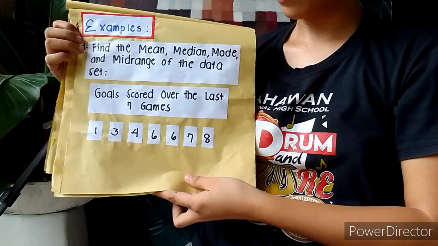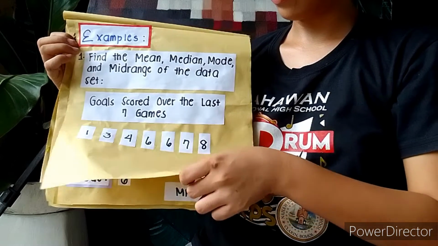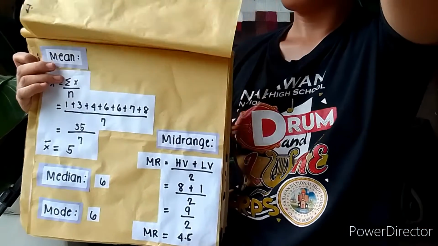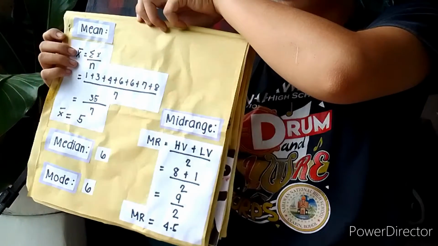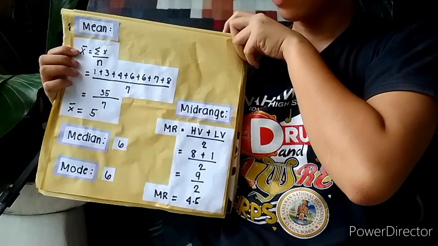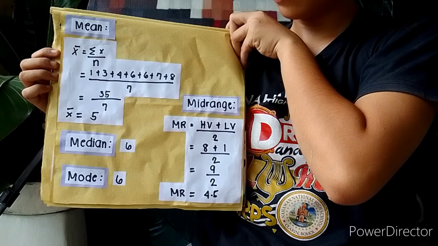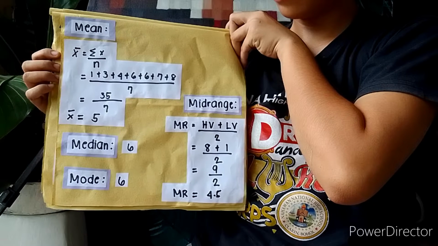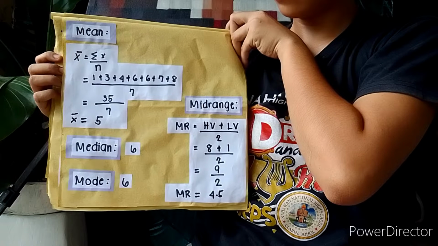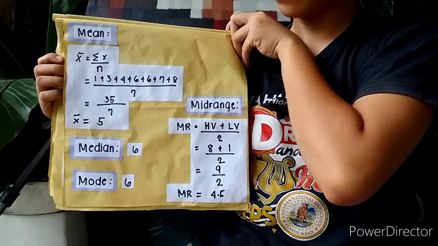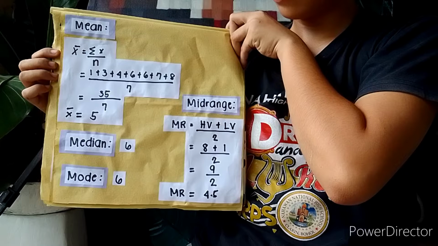To get the mean of the data set, we need to use the formula mean equals summation of x divided by n. Summation of x meaning we need to add all the values of x, and n for the number of values. So 1 plus 3 plus 4 plus 6 plus 6 plus 7 plus 8 equals 35 divided by 7. So the mean of the data set is 5.